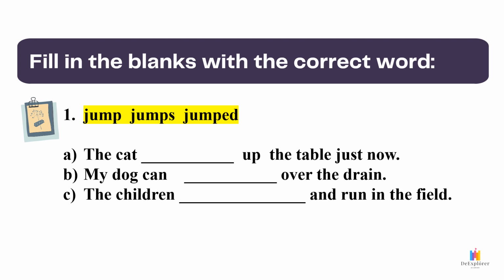Can, could, will, would, shall, should, do, does, did, may, must, might, ought to, need to, have to. So after this verb, you need to use the base form verb. Okay, so base form verb 是什么？没有 s 的，OK，不可以加 s 的，不可以加 past tense 的，那个就是 base form verb. Okay, one more C. The children 跳，那些孩子跳 and run in the field.